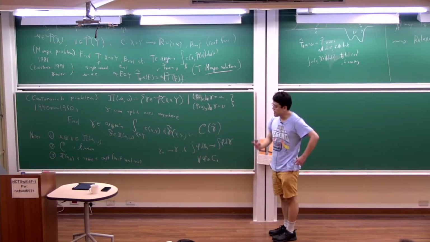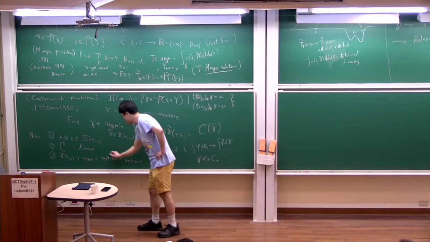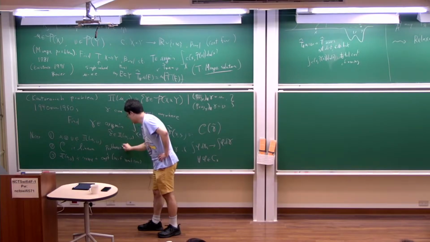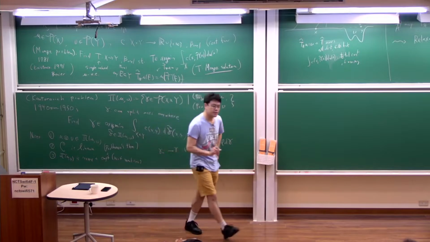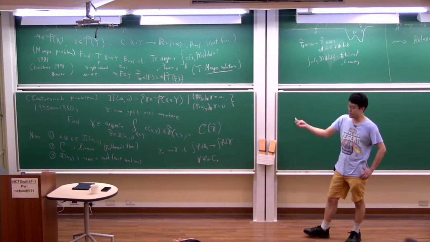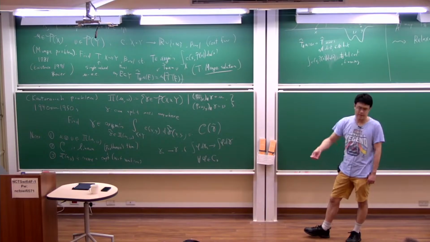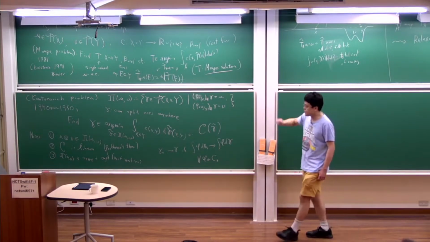And by the way, this compactness follows from what is called Prokhorov's theorem. Okay, so there's a standard theorem on probability measures that gives some kind of compactness with respect to this weak topology. Okay? So this is a nice problem.